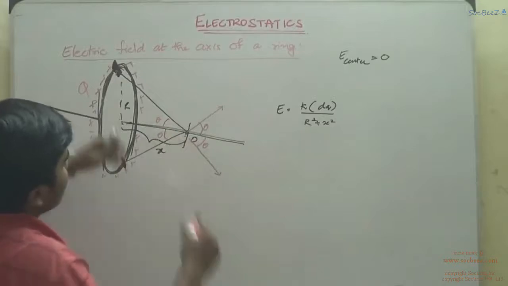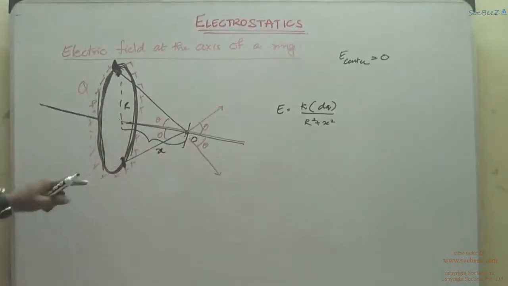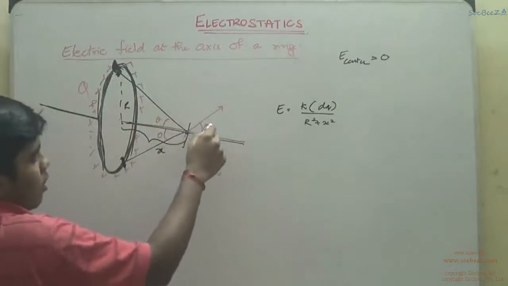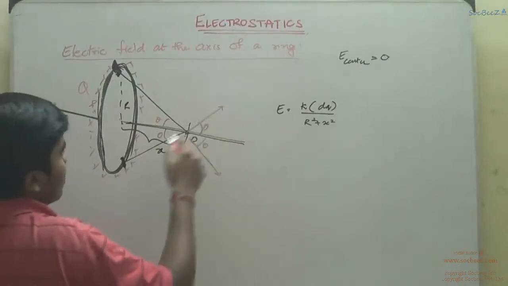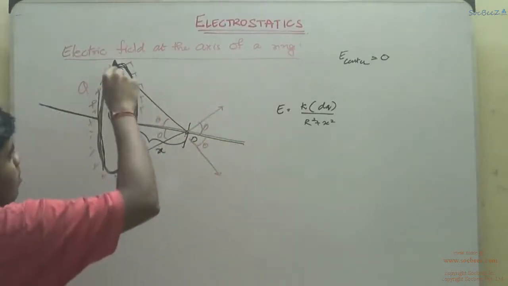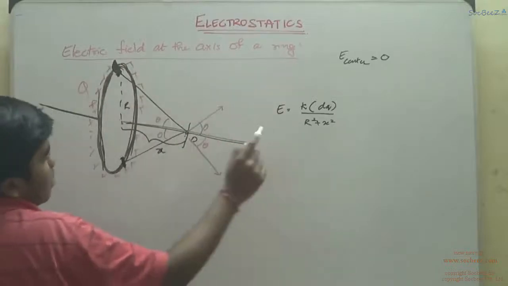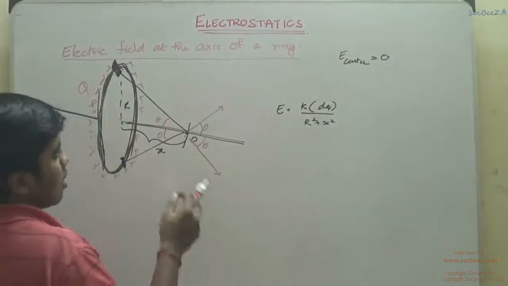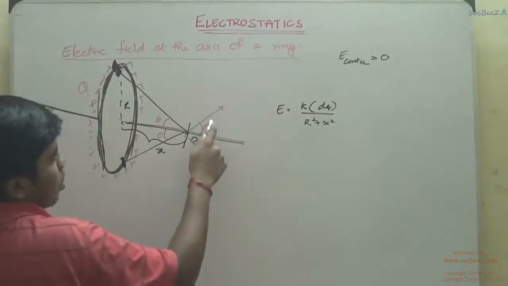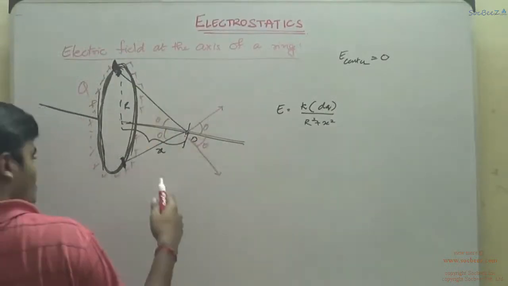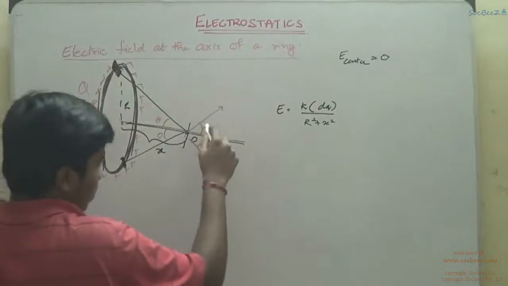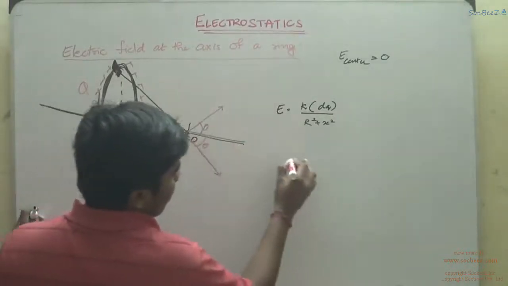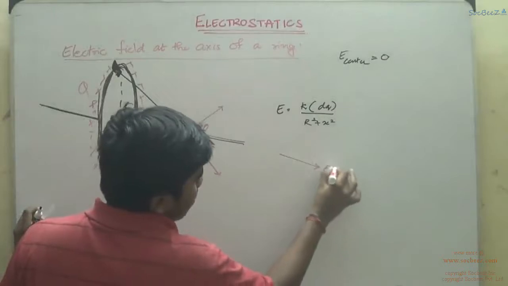Because these are diametrically opposite points, if we try to resolve, the electric field due to any small element dq is the same, since it depends only on dq and we are taking dq to be the same, and r and x are constant basically.